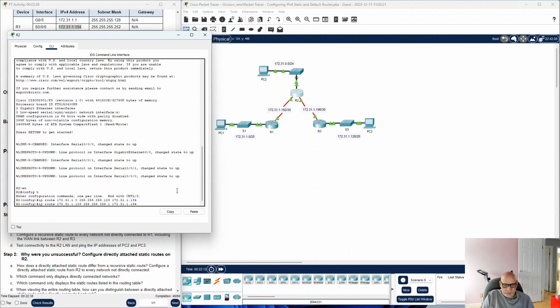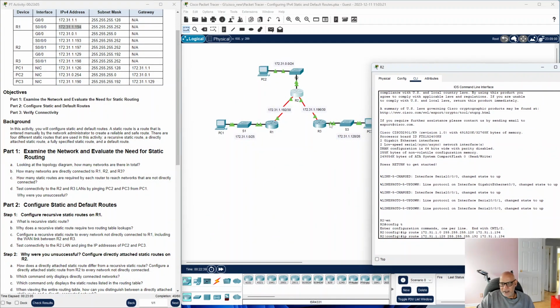The subnet mask of this network is a 26-bit subnet mask, which is 192. Now, if PC2 wants to access PC3, the packet will go to R3.